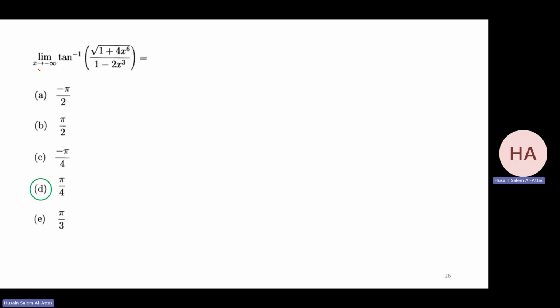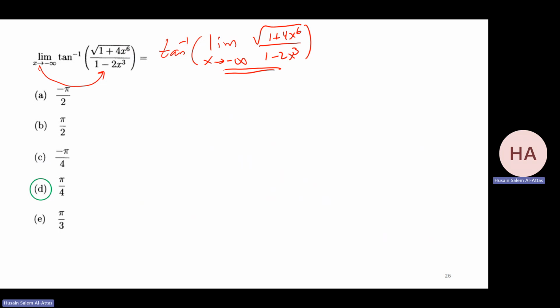What I will do, I take the limit inside. It has many problems inside one problem. Okay, so that will be tan inverse of the limit of this limit. To do this limit, you need to take a common factor. So it will take a little bit of time, no problem.